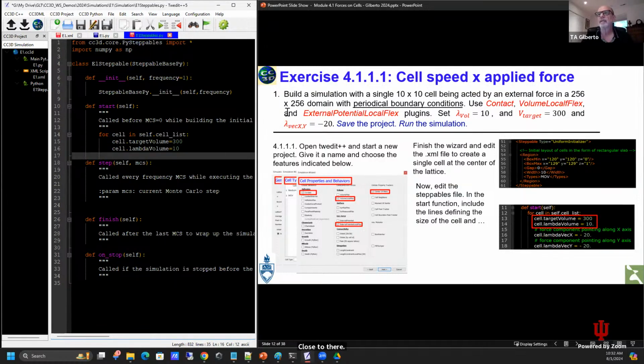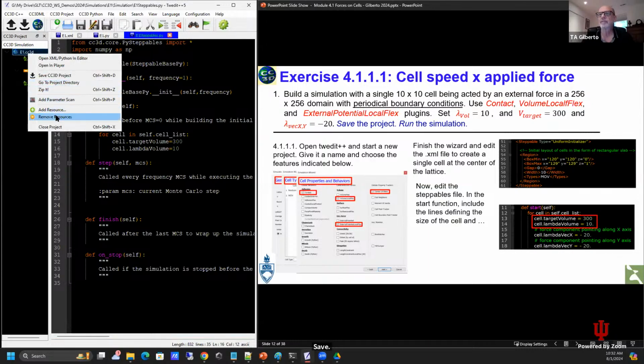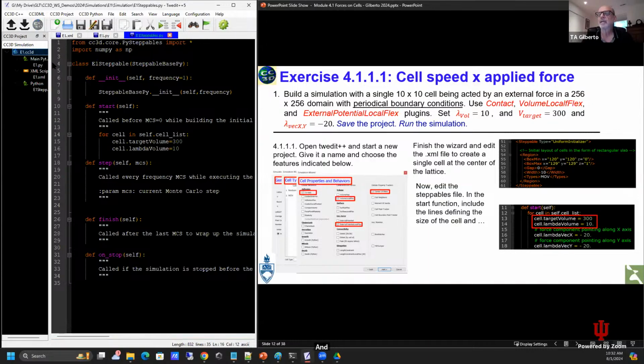Okay? Save. And let's see if it's going to work. Again, remember, you can find this exercise ready to go on the student materials under the name 4111 zip file. Okay?